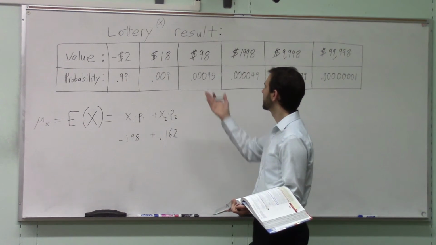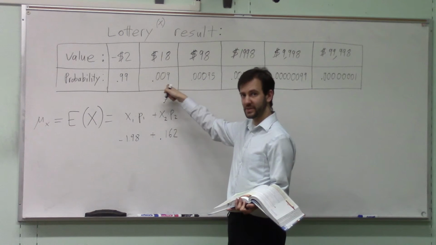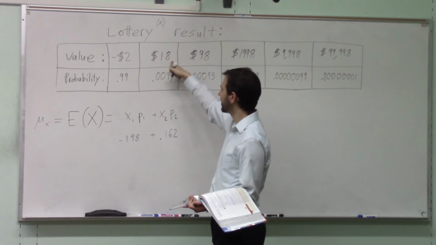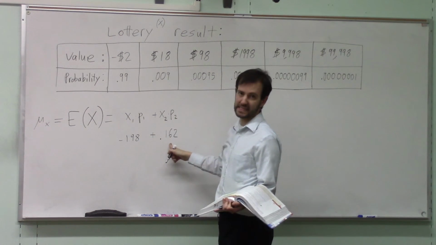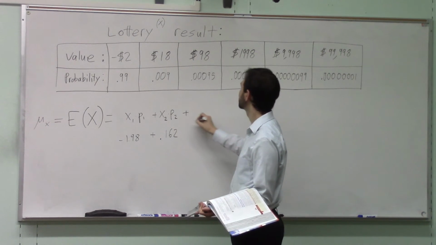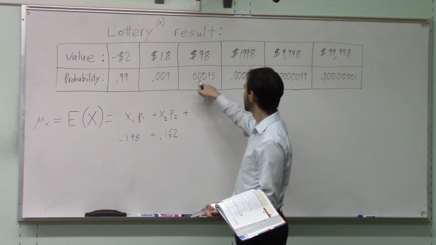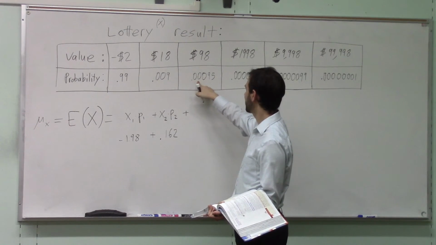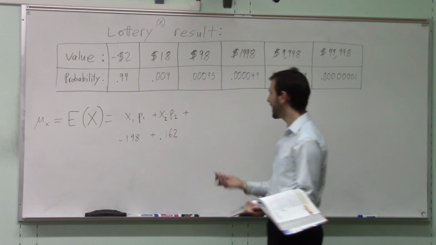So the almost 1% chance of winning $18 is worth 16.2 cents per game, plus that, which basically moves it over twice, and you're going to have like 0.08 something.